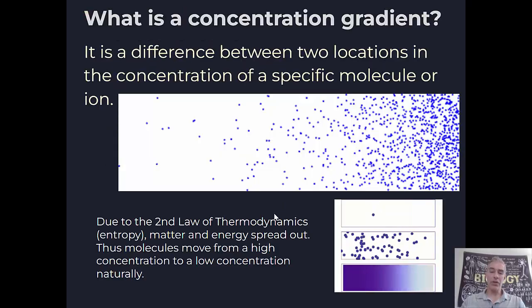The next thing we have to understand about the movement of molecules is what a concentration gradient is. And this is showing you what I mean by a concentration gradient. It's a difference between two locations in the concentration of a molecule or ion. So you can see on this side over here we have a lower concentration of molecules, and on this side towards the right we have a higher concentration of molecules.